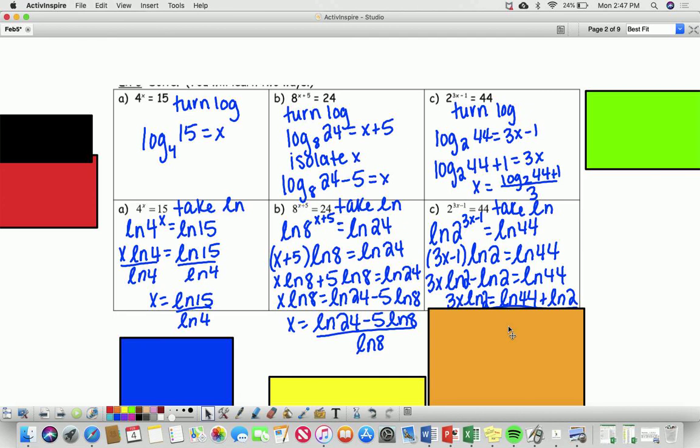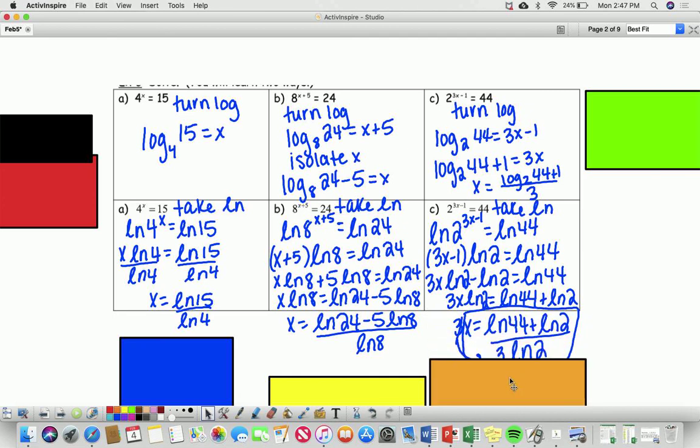So what I did was I divided by the ln of 2 and by the 3 because I want the x alone. So you can see I divided by the ln of 2 and then I got 3x equals ln 44 plus ln 2 over ln 2. And I realized there was still a 3 there, so then I just divided on both sides, which is where this is coming from. So this is my final answer with that 3 on the bottom too.